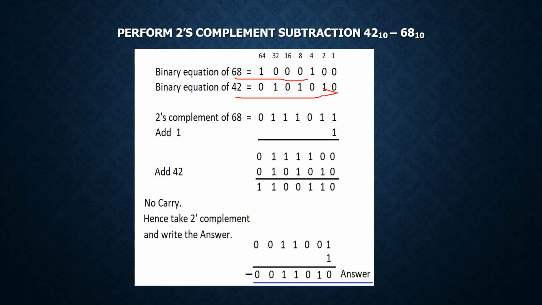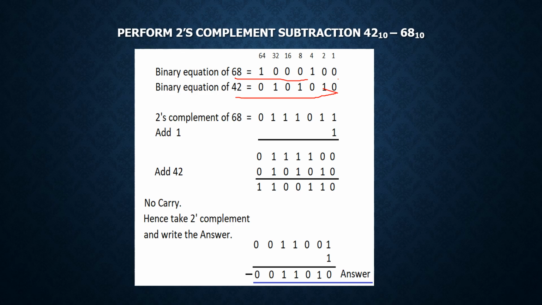Wherever there is a 1, you add those weights to get the decimal value. For 68, 4 plus 64 is 68. For 42, 32 plus 8 plus 2 is 42. You weigh the values and add them to get the value.